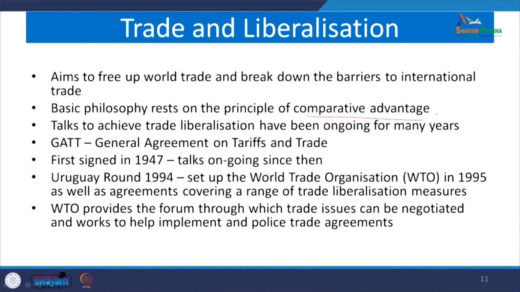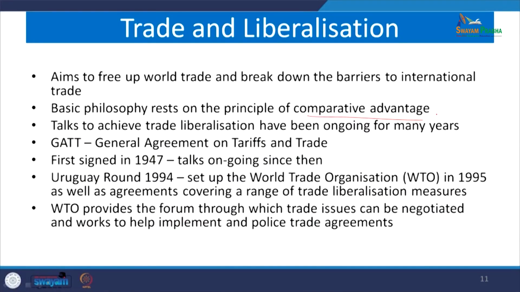liberalization. As I just mentioned, it breaks the barriers. Liberalization is the phenomenon or the context which has reduced the barriers and freed world trade. The basic philosophy rests on the principle of comparative advantage due to free movement.